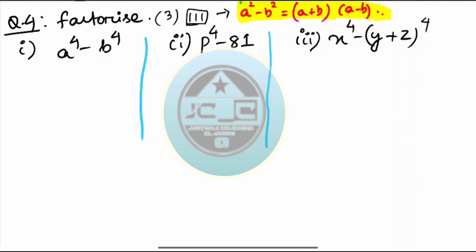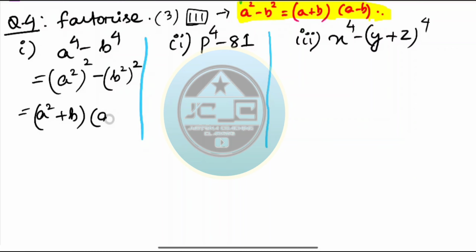Now let's have a to the power 4 minus b to the power 4. Here a square whole square is a to the power 4, and b square whole square is b to the power 4. Now you can tell that a is a square, b is b square. So as we know, a square plus b square whole into a square minus b square.